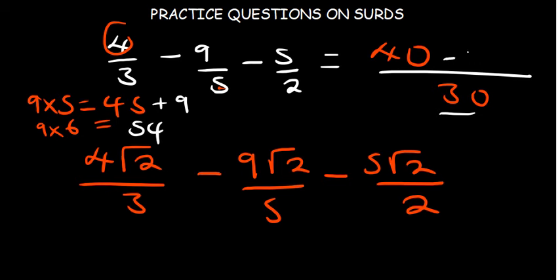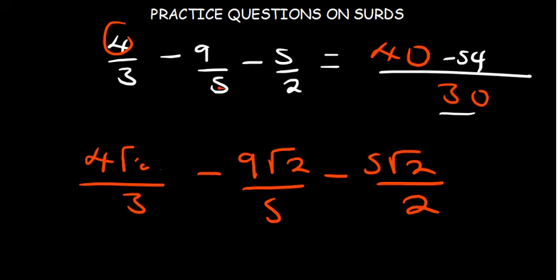So we have minus 54. 2 into 30 is 15. 15 by 5 is going to be what? So 5 by 5 is going to be a 25. 5 by 1 is 5 plus 2, 75.